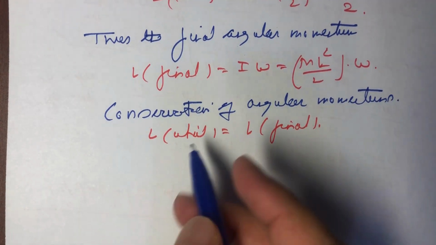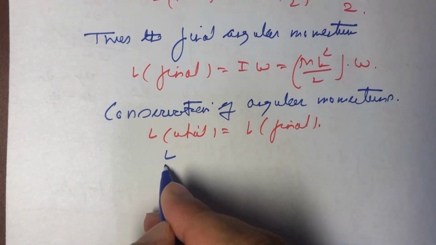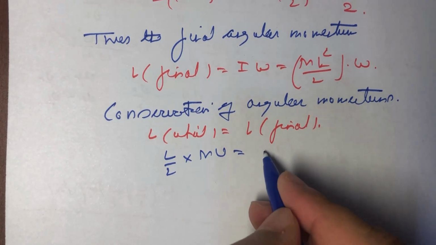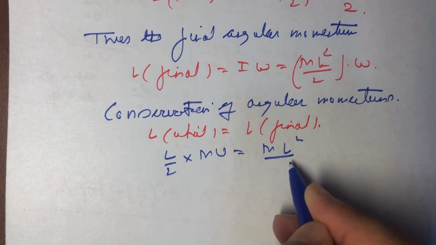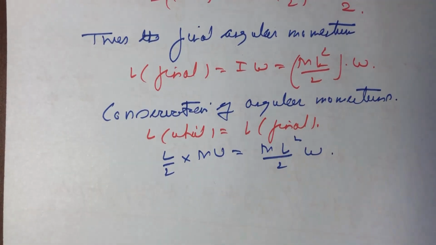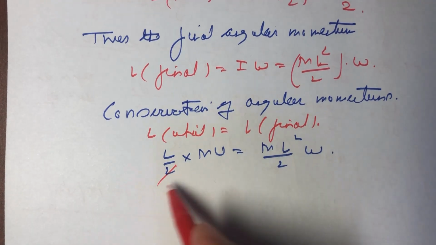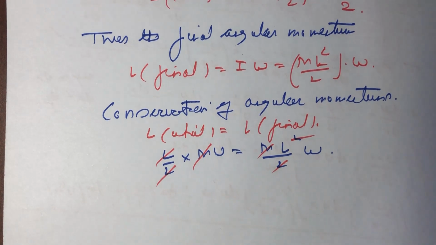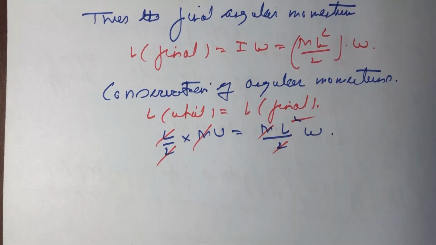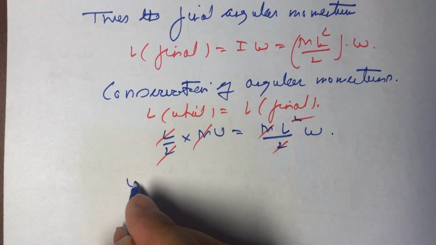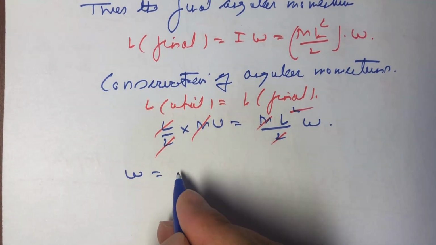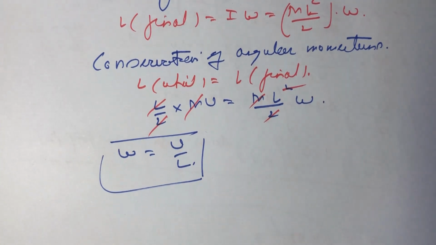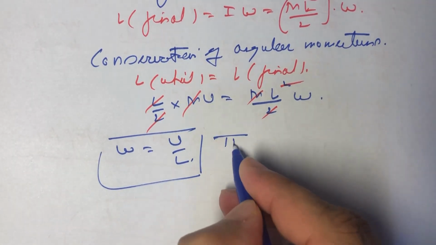So initial was L by 2 multiplied by mv, and final we have m L square by 2 multiplied by omega. The 2 cancels out, mass with mass, and this square with this. Therefore, we get that our angular velocity omega is equal to v upon L. So this is the value of angular velocity.